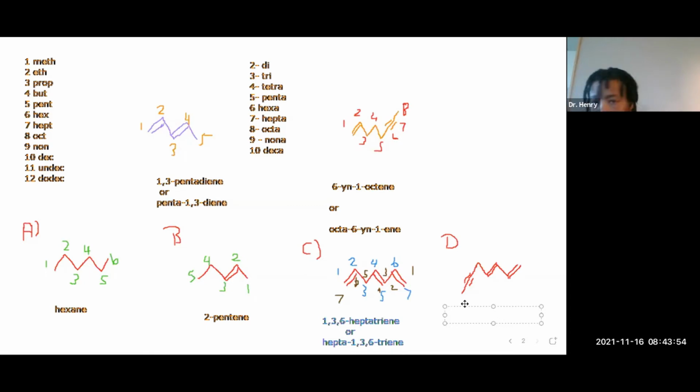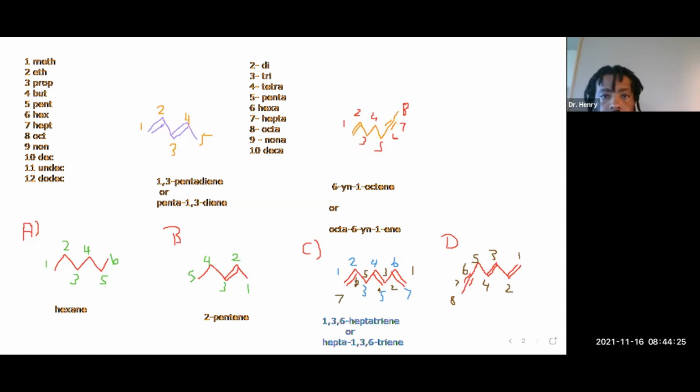So where are we going to start? So where we start counting from? So let's use the brown letters again. 1, brown numbers 2, 3, 4, 5, 6, 7, 8.